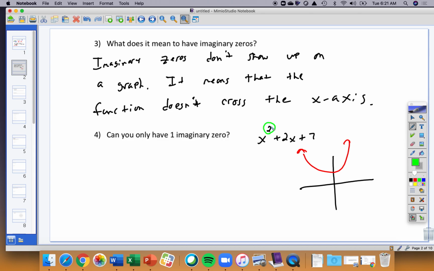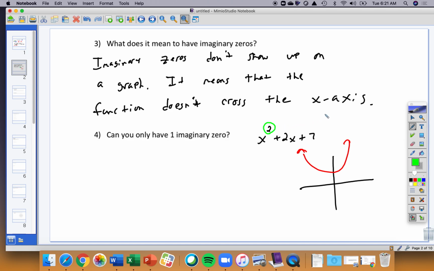So we said in our last slide that we could have 2 zeros. But right now it looks like I have 0 zeros, because a zero is an x-intercept, and this has 0 x-intercepts. That means that I'm going to have 2 imaginary solutions. I'm going to have the number of solutions as my highest degree. It's just a matter of whether they're real solutions or imaginary solutions.